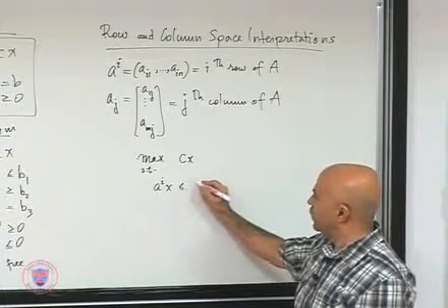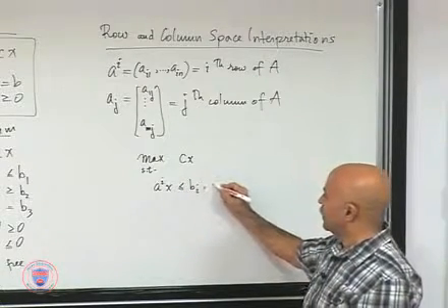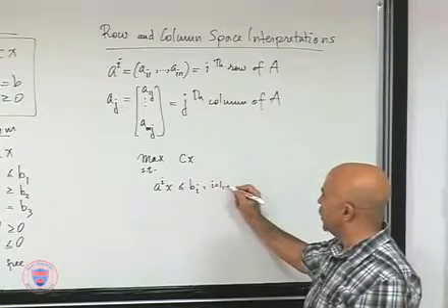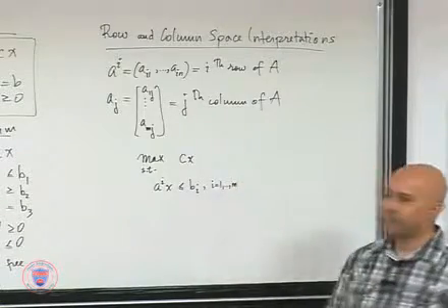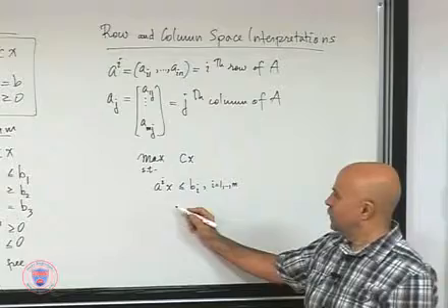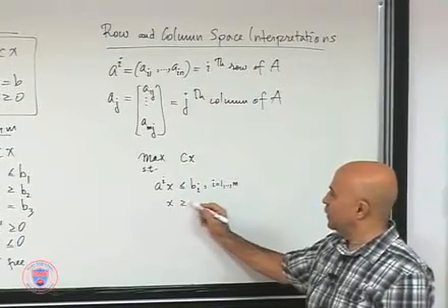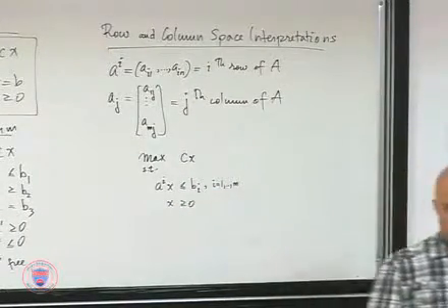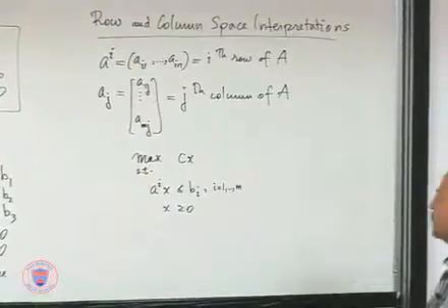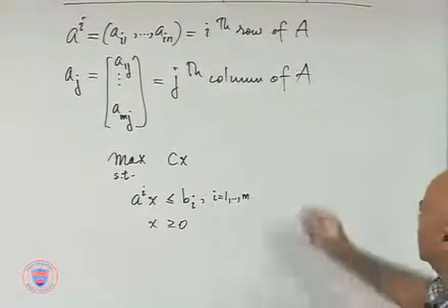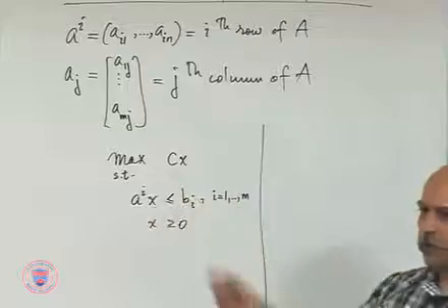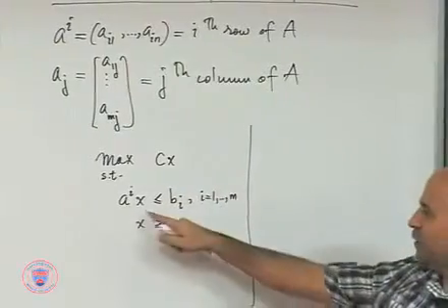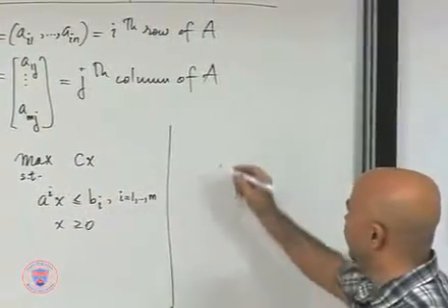And it will be less or equal in this case. Of course, this will be written for each I separately. Okay? With x being non-negative. This is the canonical form maximization. And this is the row interpretation. Each row is separate, and x is like that.